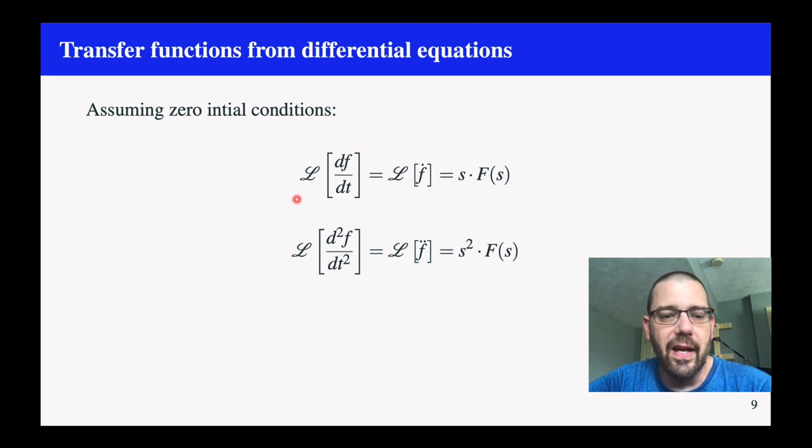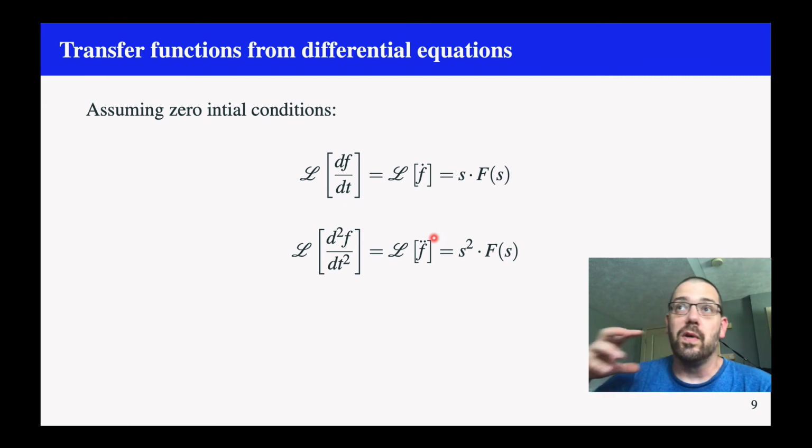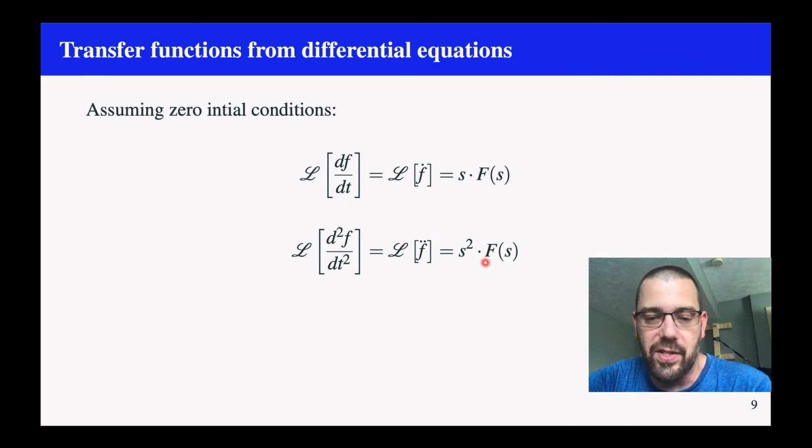But if I take the Laplace transform of a derivative with respect to time, or a single dot, I multiply by s. When I take the Laplace transform of a double dot, because in mechanical systems, a lot of times we're dealing with accelerations, and so we have x double dots coming out of Newton's laws, then I get an s squared times my F of s.